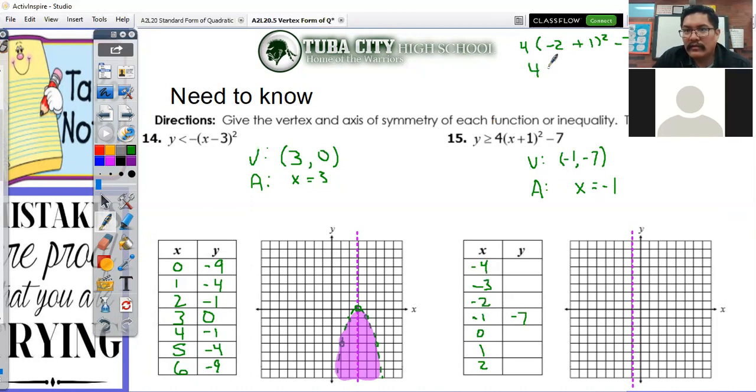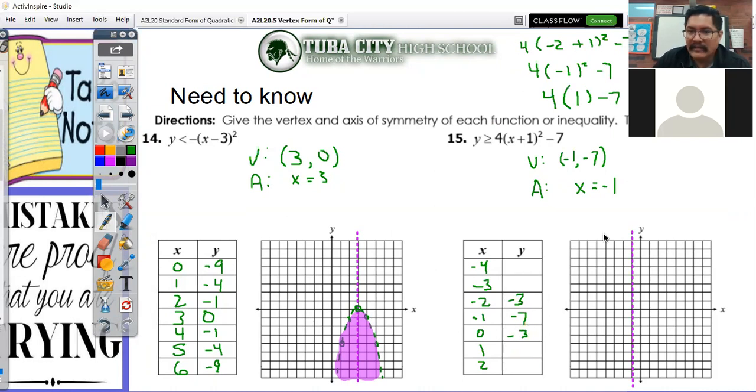So 4 times, and this is going to be 1 minus 2, which is -1, but we're going to square that. So 4 times 1 minus 7. So 4 times 1 is 4. 4 minus 7 is -3.